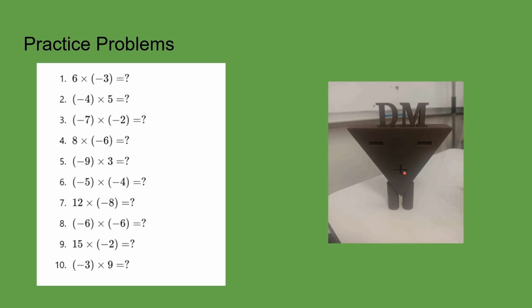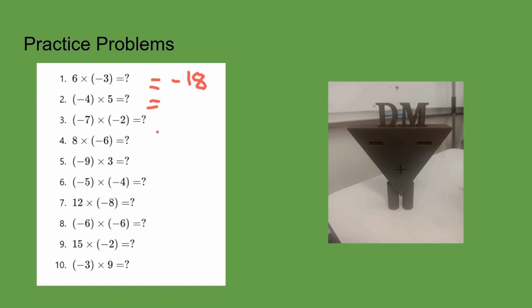So positive 6 times negative 3. The sign that is left is negative, so our answer would be negative 18. There you go. Thank you, Mr. Dorito Man.